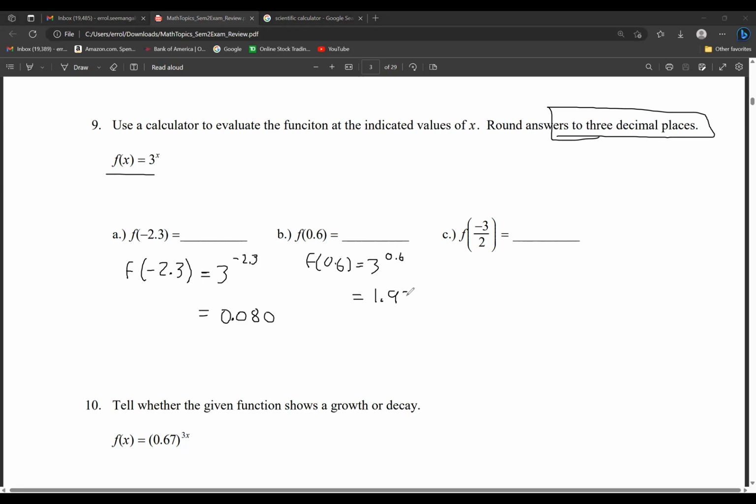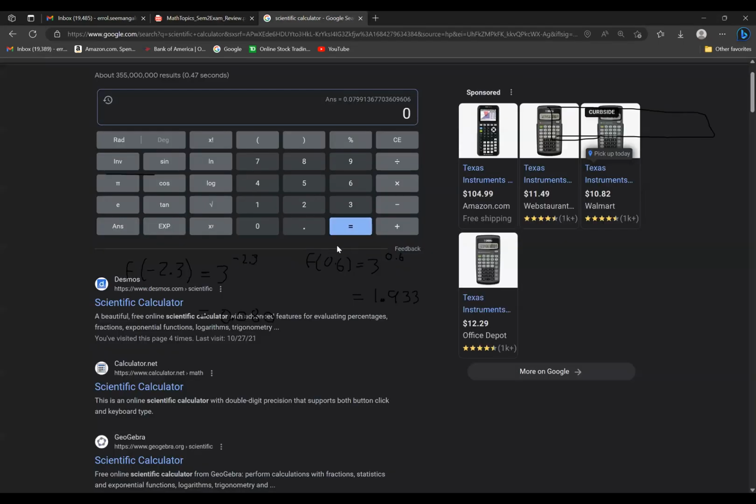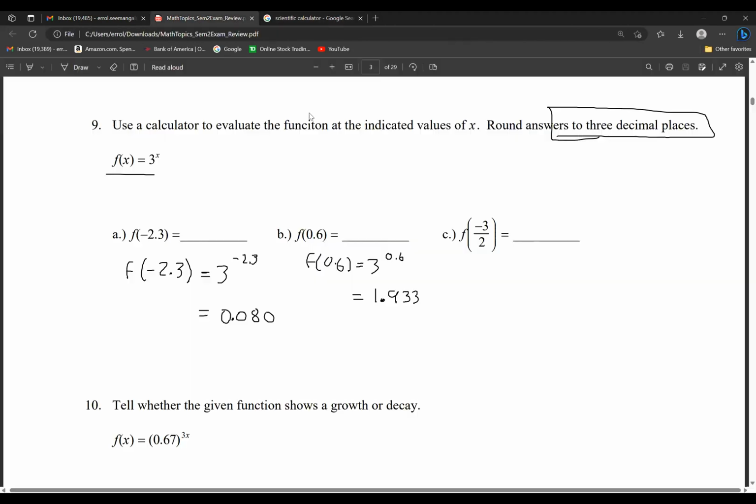One more decimal. 1.933. All right, let's check that one. Pull up Google Calculator, type 3, press that button, and type in 0.6. Yes, you're good on that one. Yep, good.